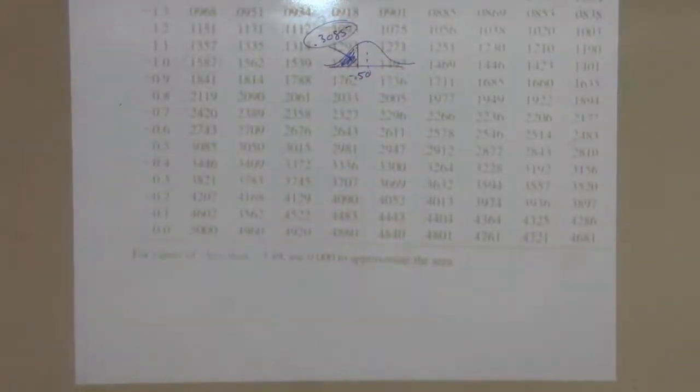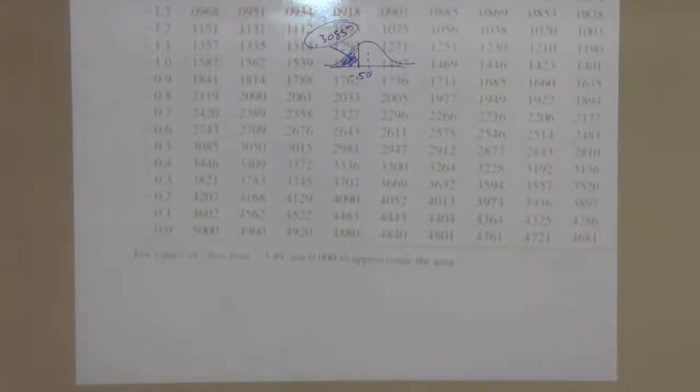Again, I looked at this chart, found -0.5, and there's no decimal after, so it's the first column. 0.3085 is the area under the curve to the left of that point. My finger's pointing to the board now, not the book. Okay, let's go on to the next problem.